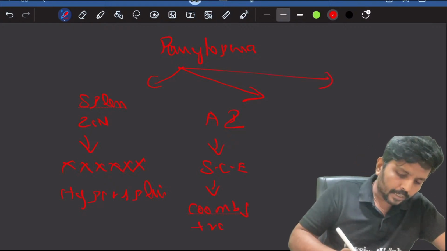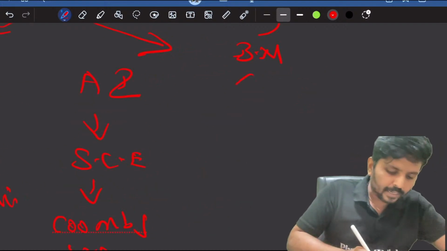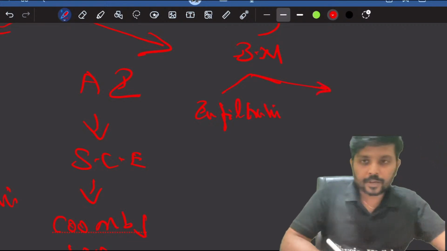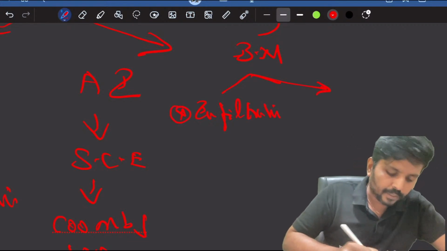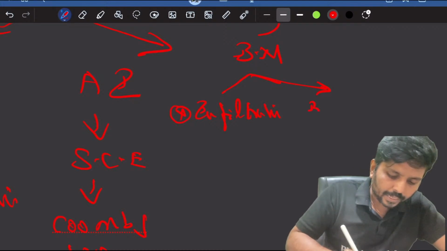And one more condition is bone marrow involvement, either infiltration or failure.